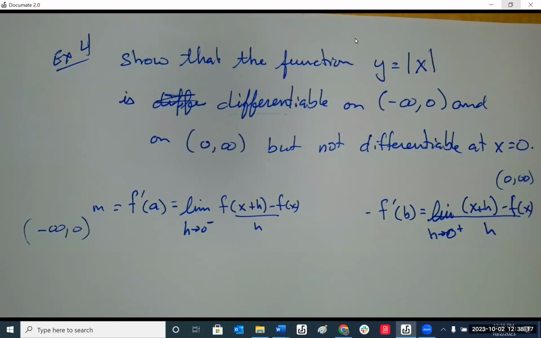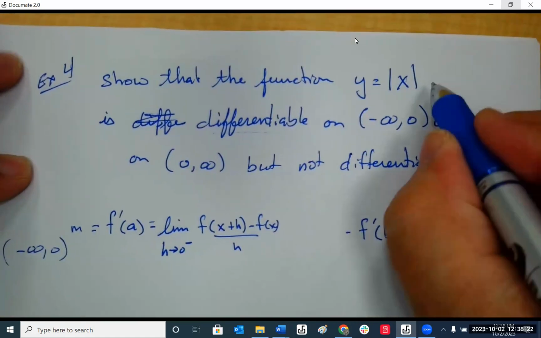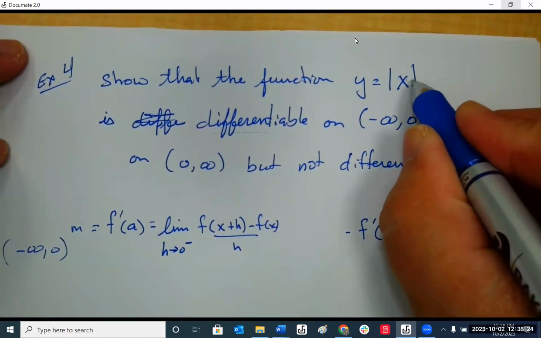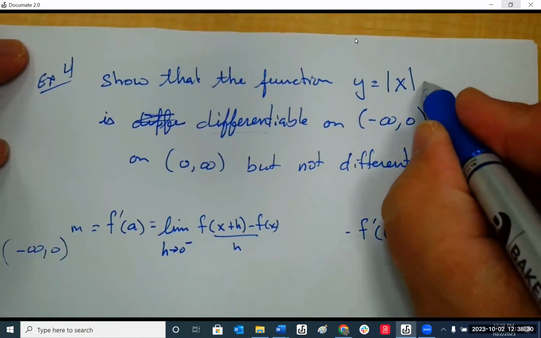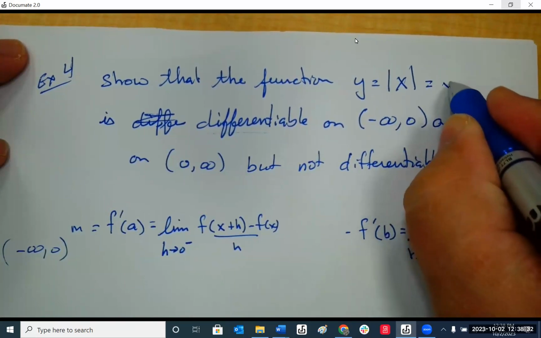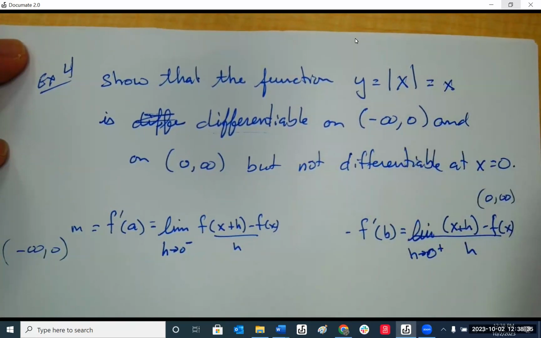The absolute value of x always equals a positive x.